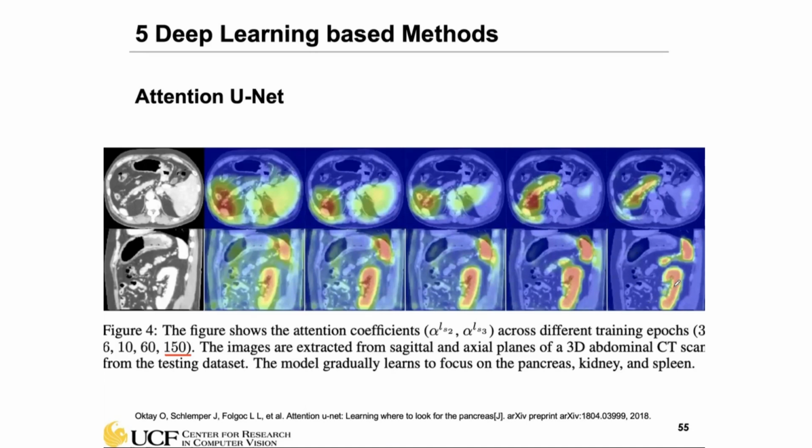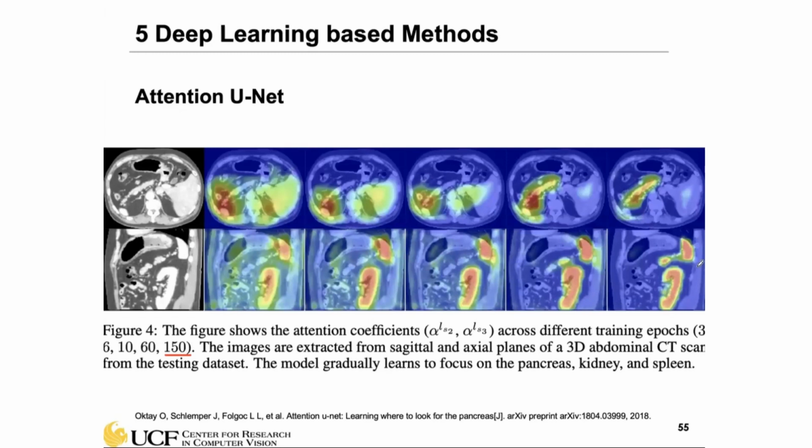As you can see, at the very beginning of training, the attention weights are not very good. You can see there are high responses or attention weights all over the place. But gradually, you can see that these attention weights focus on some specific organs of the body.